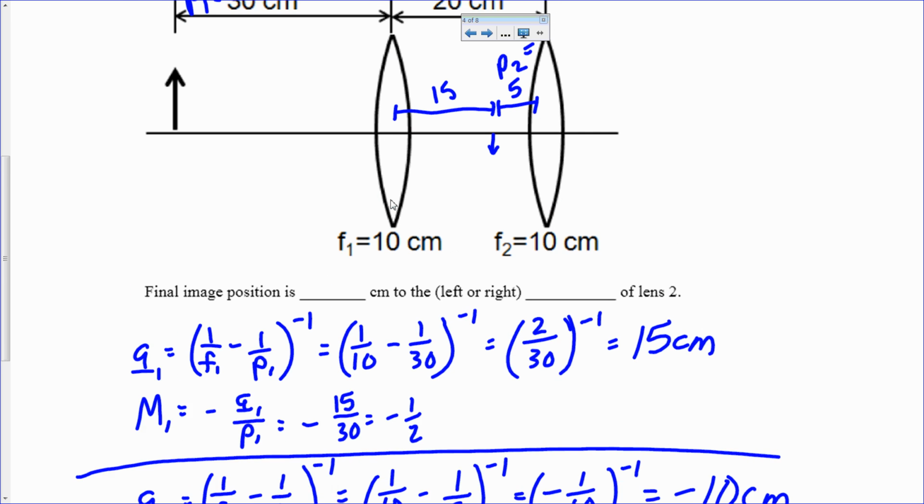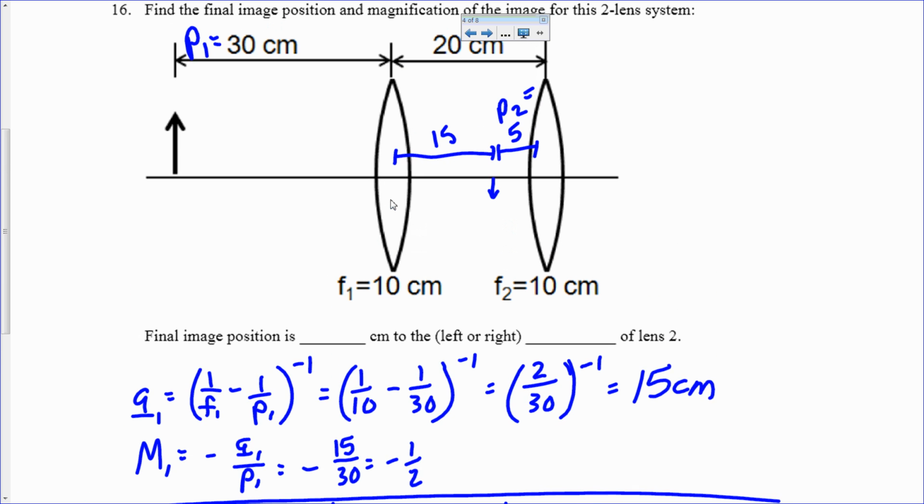All right, so because it occurs at negative 10 centimeters, that means that the second image, which I'm going to draw here in red, occurs right here. It's twice the size of this first image because the magnification was positive 2, and it still remains inverted. All right, so the final image position then is 10 centimeters to the left of lens 2.